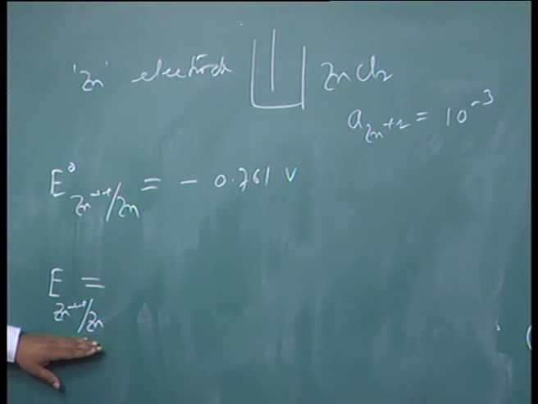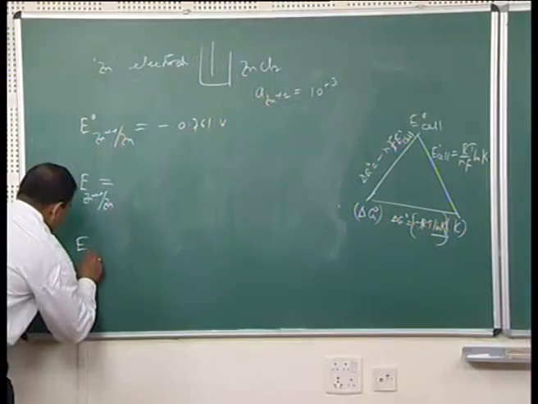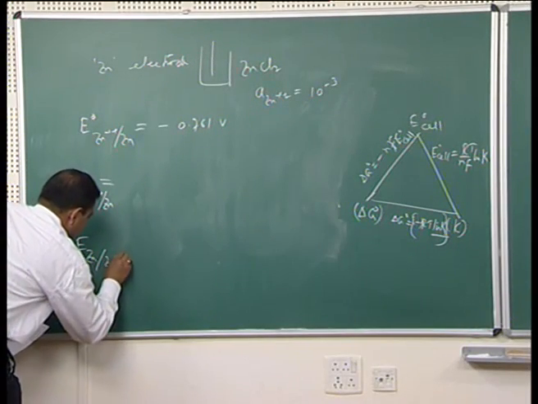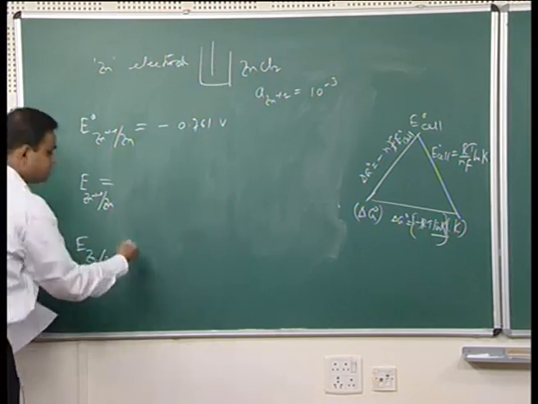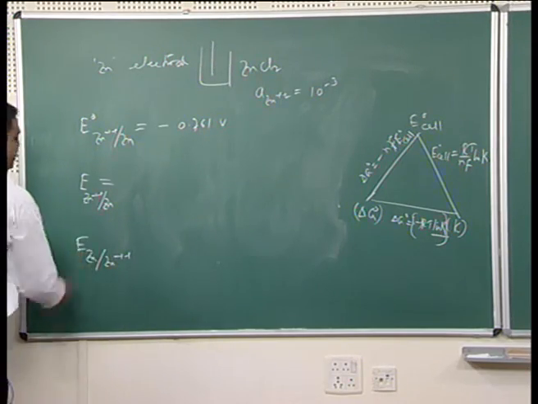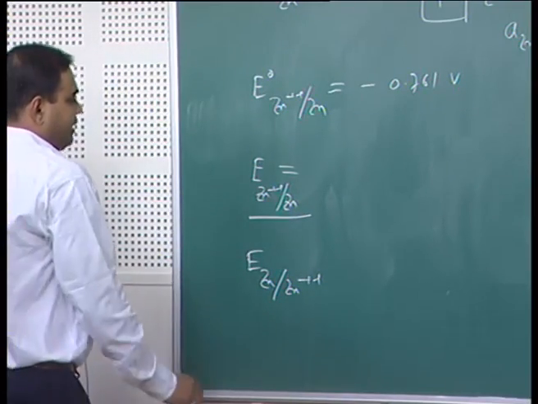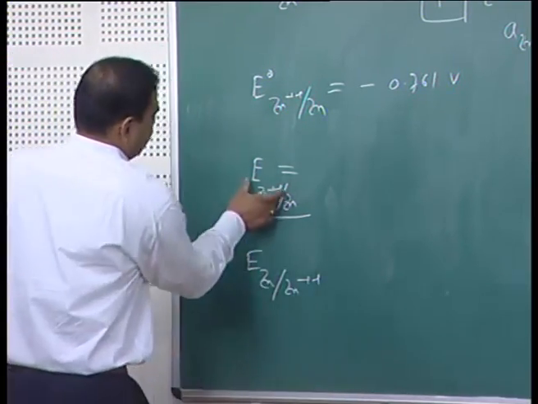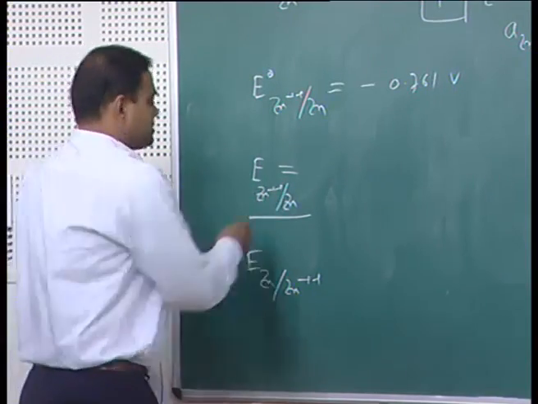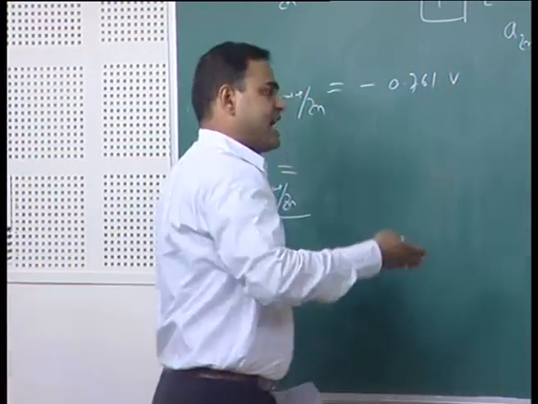If you write in this manner, it always says that it's a reduction potential. If you write the reverse, let's say E Zn by Zn plus plus, that means Zn is going to Zn plus plus, and this will tell you the oxidation potential. So I would always prefer to write Zn plus plus by Zn, or ox slash red.